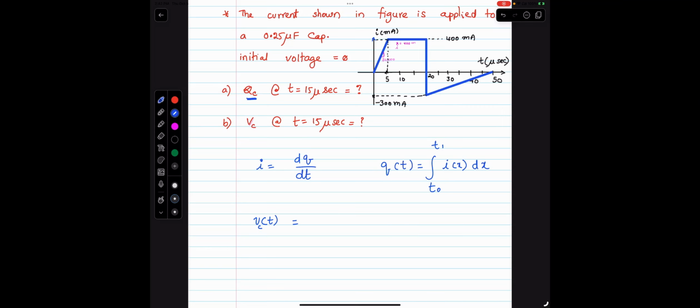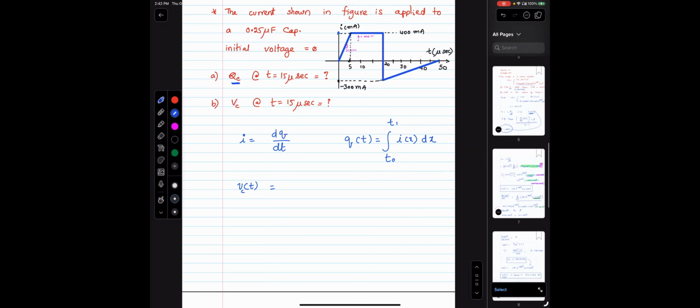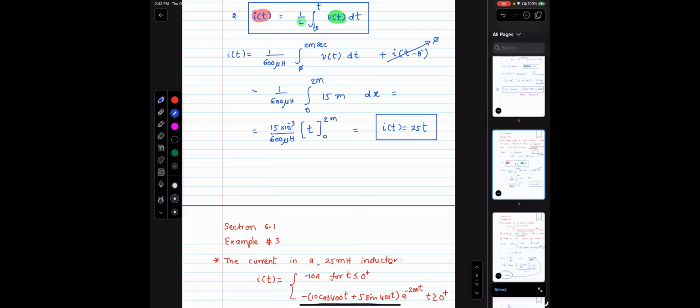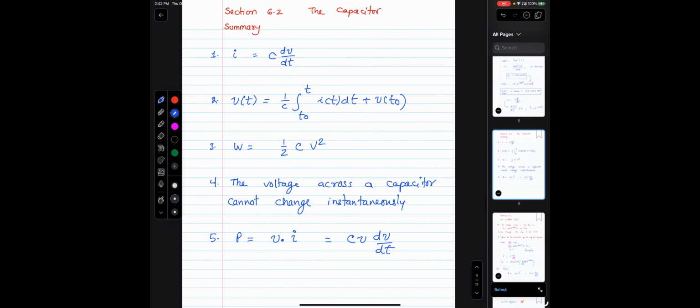Let's go back and see what the formula says. We may have seen this as a part of the summary. Let me go to wherever the capacitance summary is.